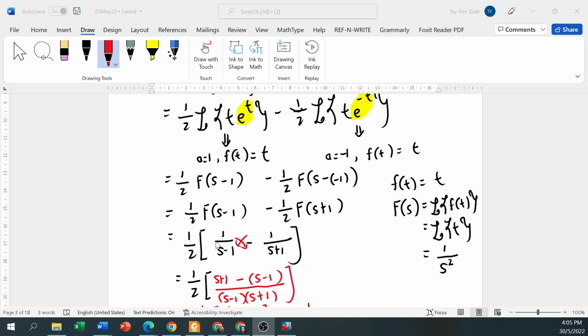I just replaced, I didn't square it. F(s) is 1 over s squared. So F(s minus 1): s is replaced by s minus 1 and then you square it. So this is F(s plus 1), 1 over (s plus 1) squared.